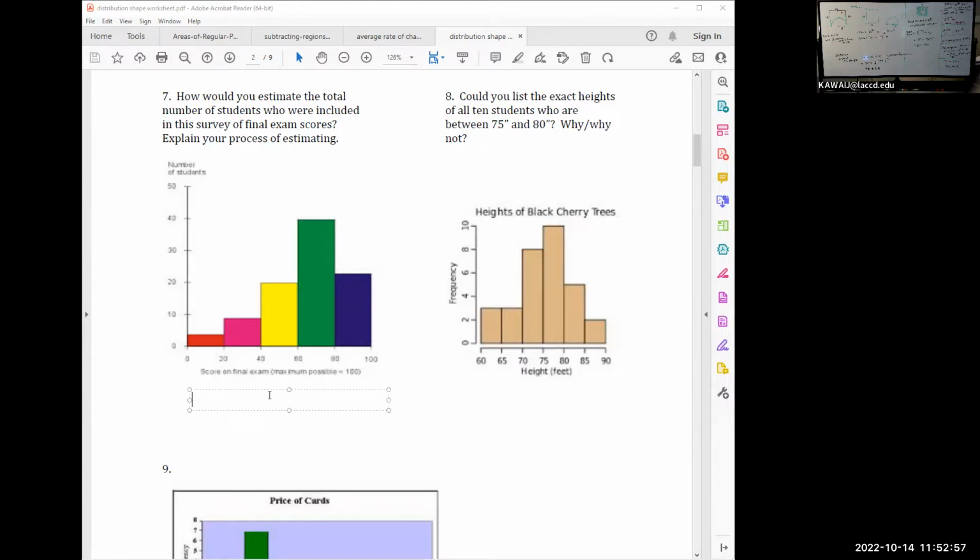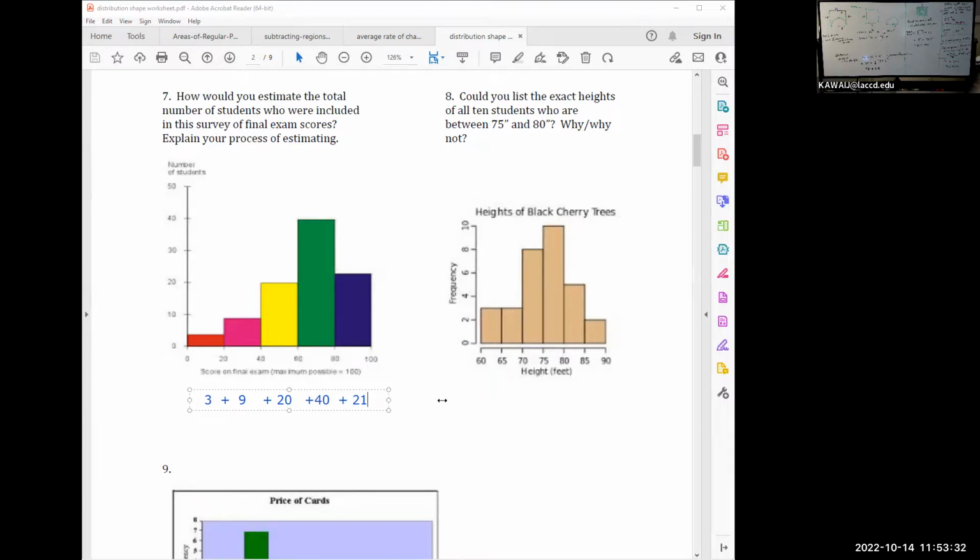Now you can't get the exact number because these are not tick marked off, but there are roughly 3 people in the red. And roughly, let's call it 9 people in the fuchsia, and roughly 20 people in the yellow, roughly 40 people in the green, and roughly let's say 21 people in the purple.